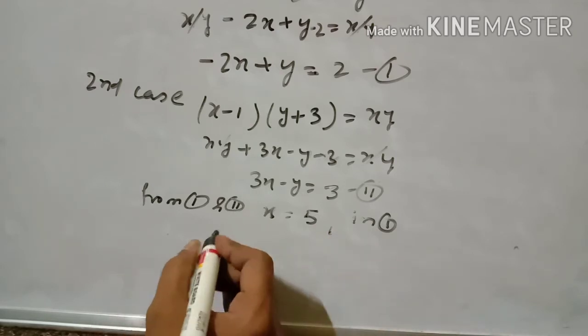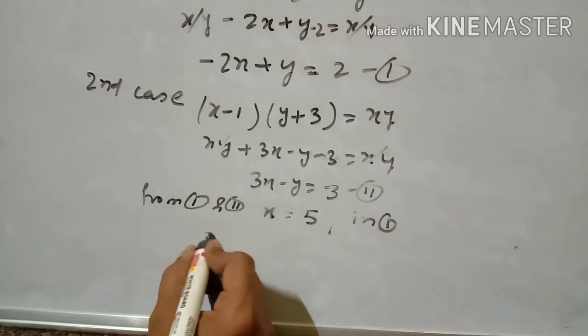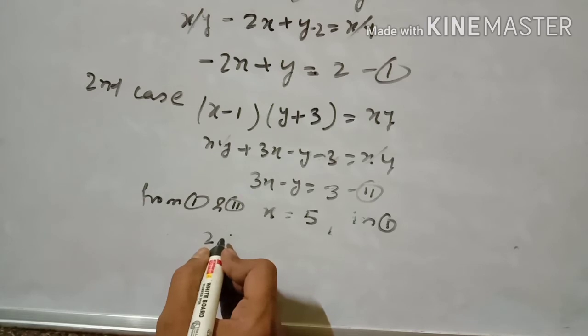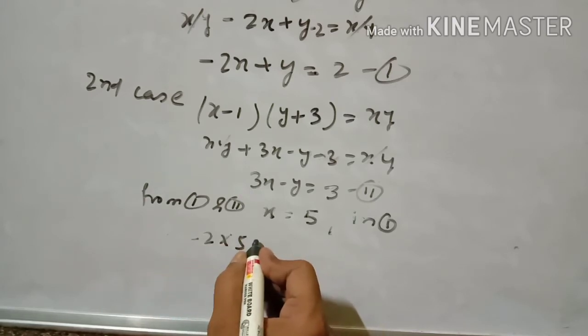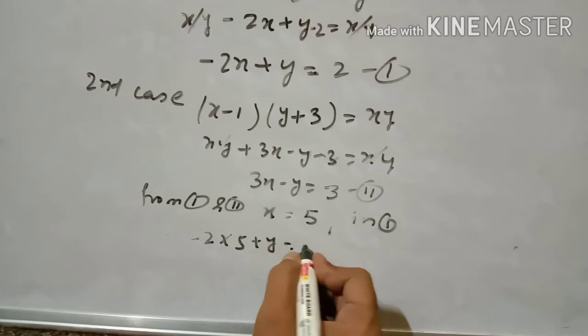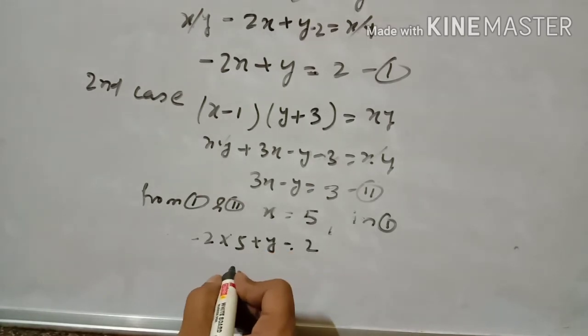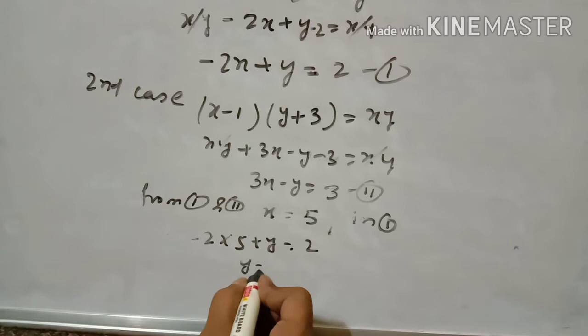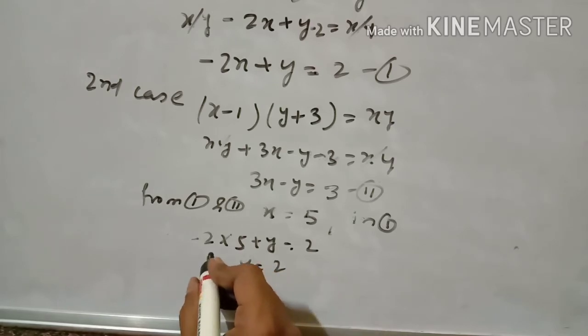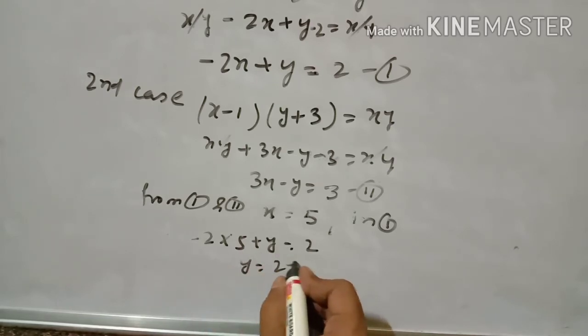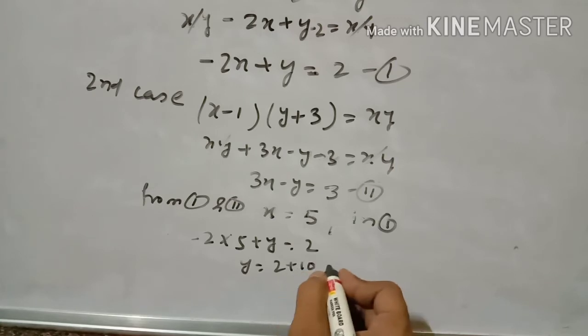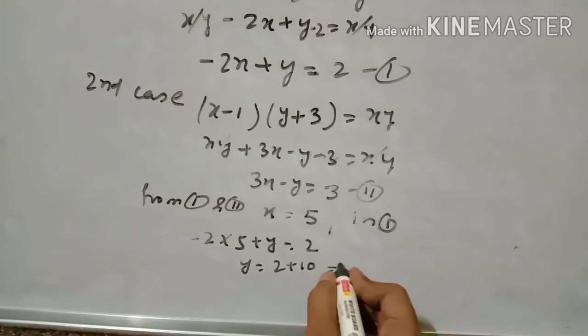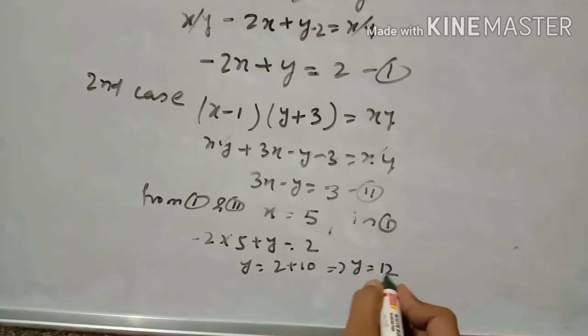Minus 2 into 5 plus y equal to 2, therefore y equal to 2 plus 10, so y equal to 12.